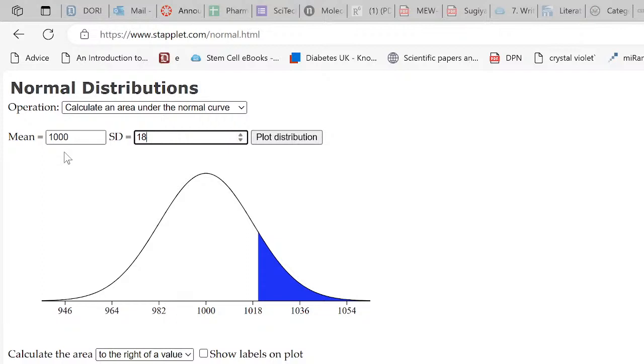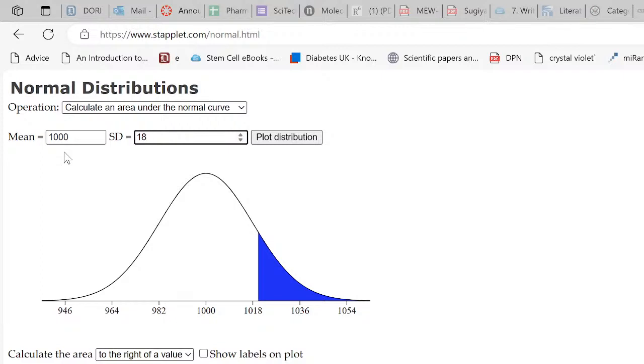Okay. And there I sketched it. I'm going to do it on the applet. I'm going to reset it. So mean of 1,000 and a standard deviation of 18.